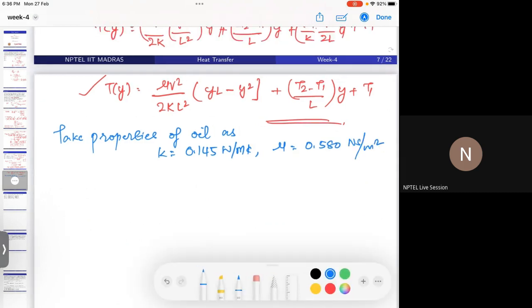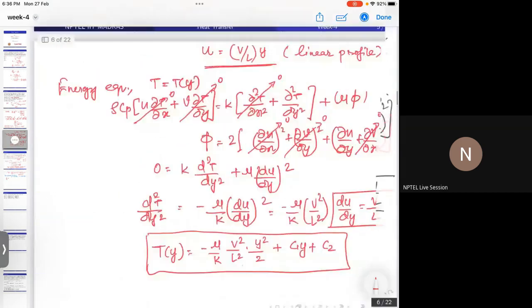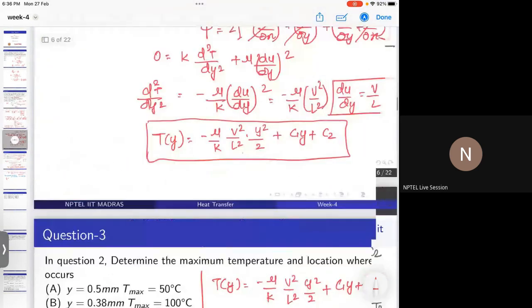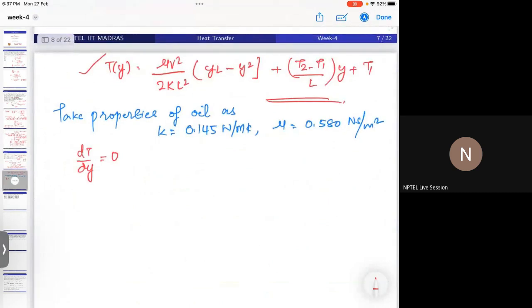You can consider this property. Everything is given. So just differentiate, set dT by dy equal to 0, and you will get an expression for y. In the y expression, substitute T2, which in this case is 40, and T1, which is 15 degrees.